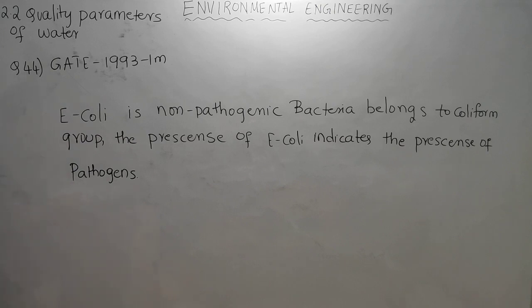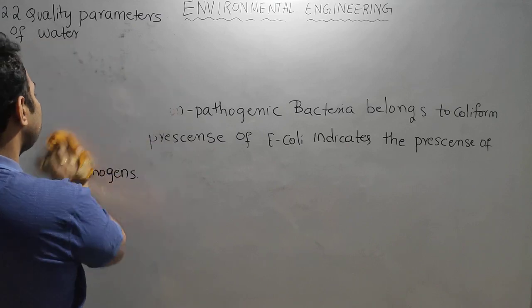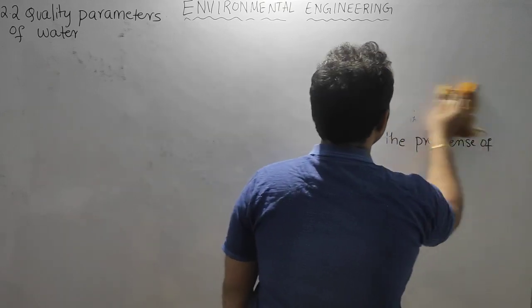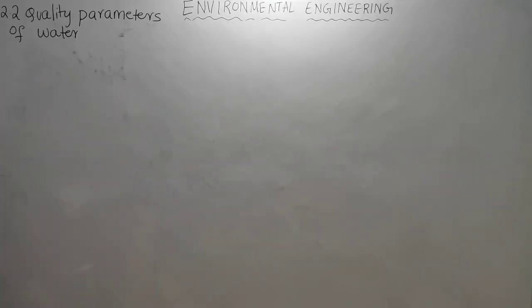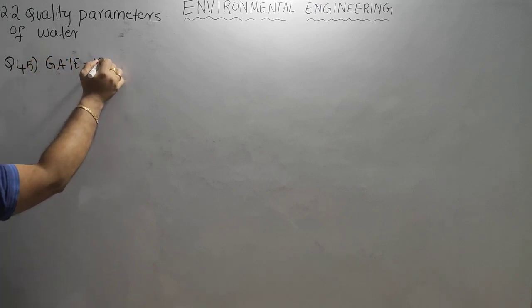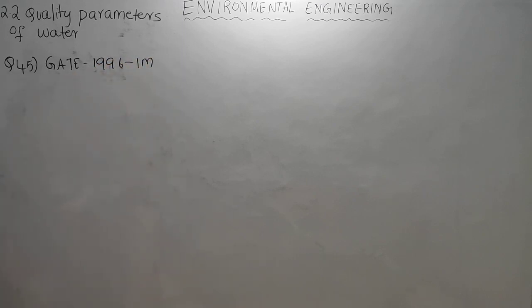Question number 45 is GATE 1996 1 mark question. So the question is the most important water quality parameter for domestic use of water.